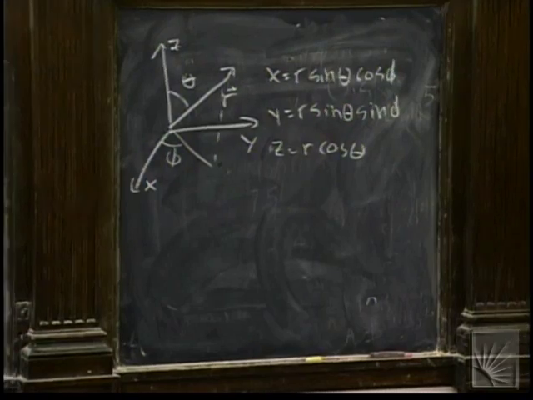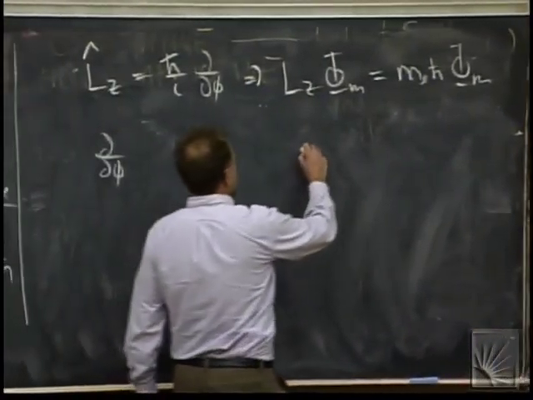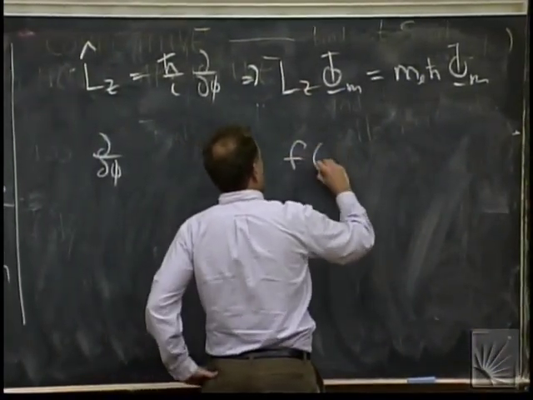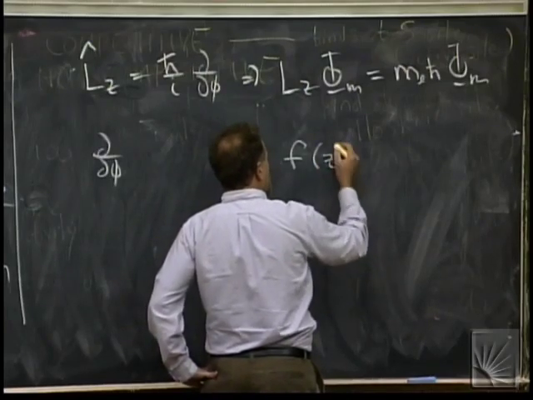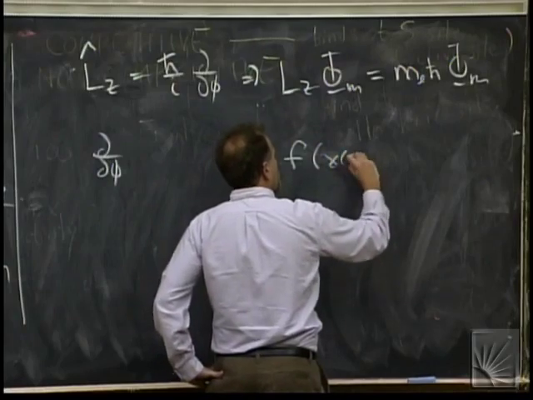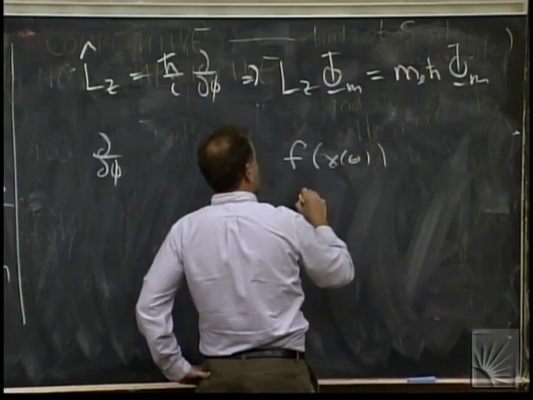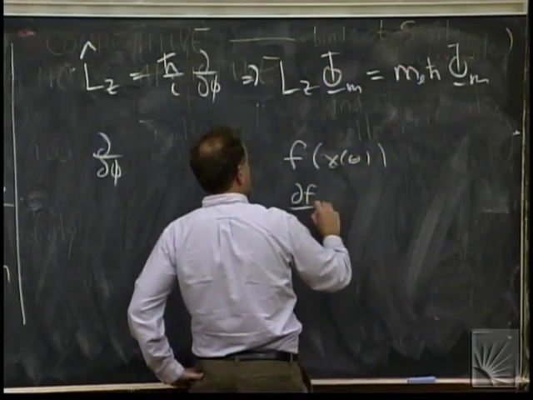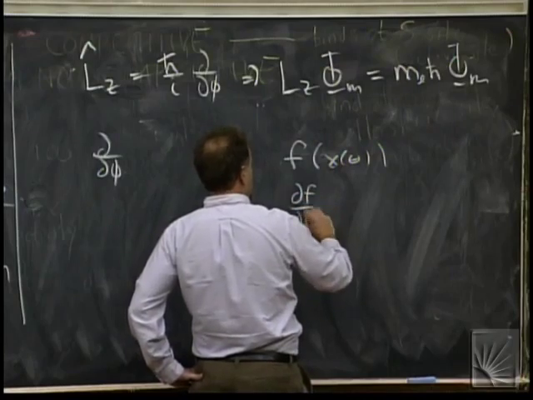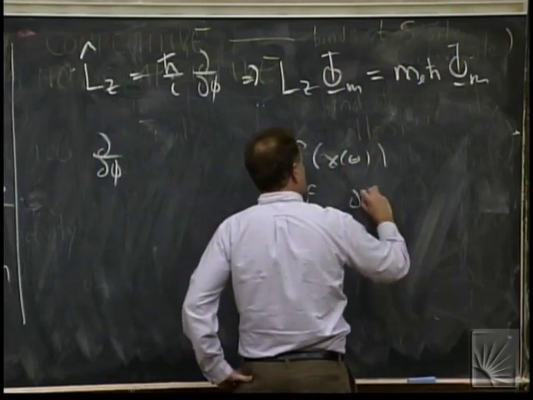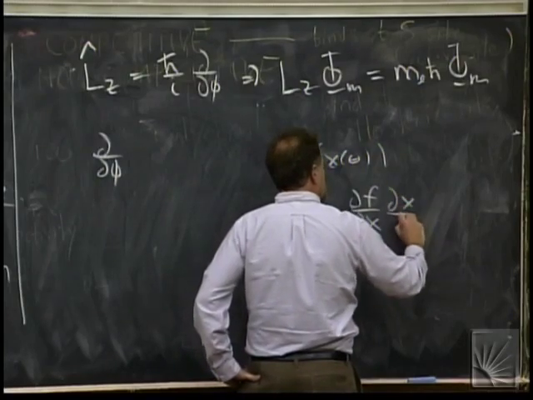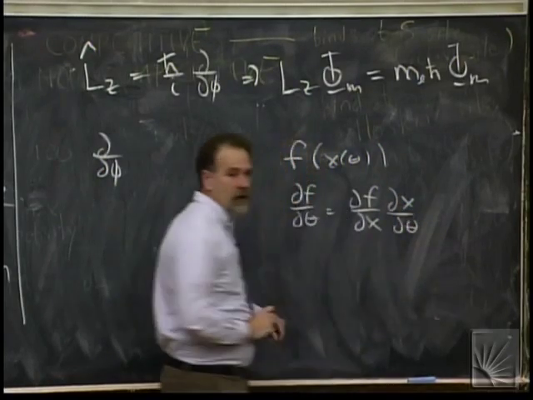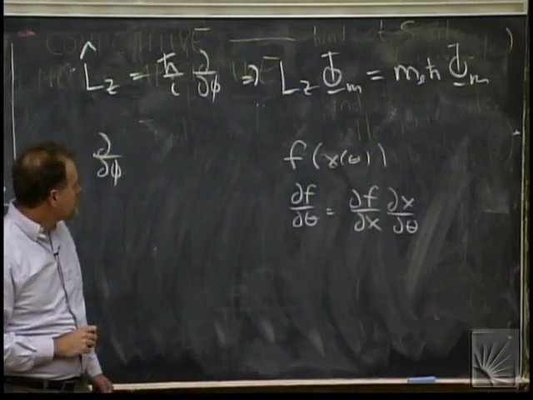If I have a function of theta, or actually of z, of say x of theta, if I do df d theta, that's df dx dx d theta, right?